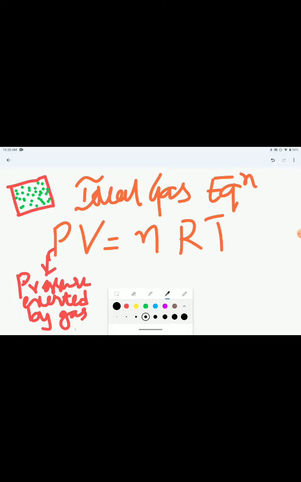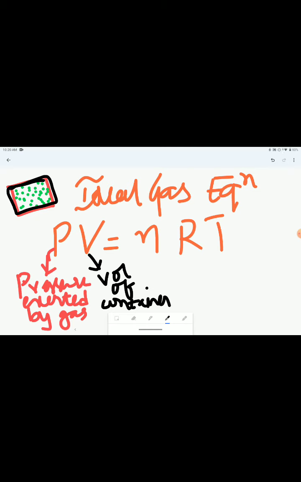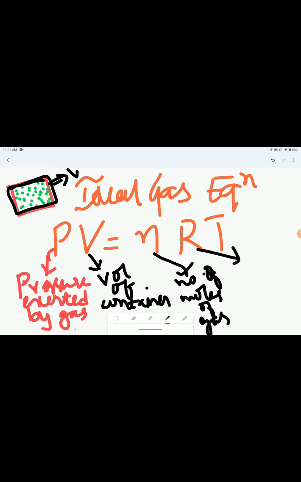Now V. V is the volume, not of the gas, but of the container. Everybody knows. This container's volume. Here V refers to the volume of the container, and n refers to the number of moles of gas.